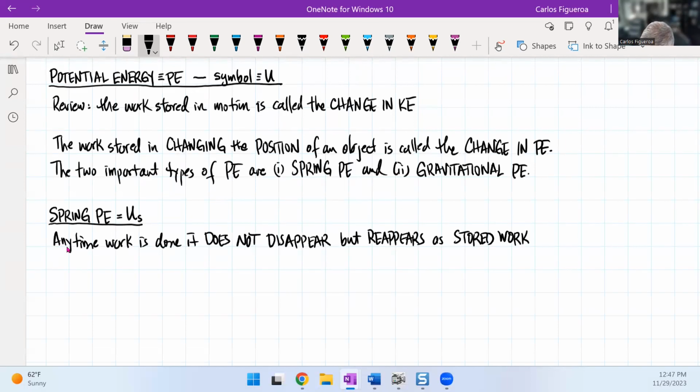And this stored work we define as the change in energy. In this case, this change in energy is going to be the change in potential energy.